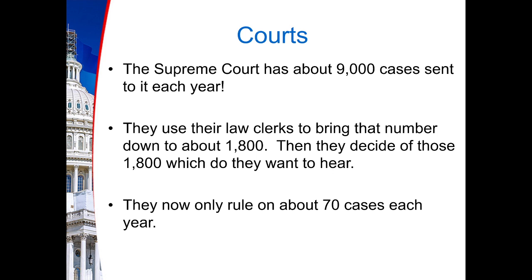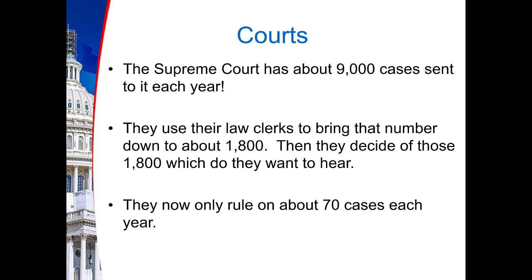And why do they rule on only 70 cases per year? Why not all 1,800 or 9,000 that get appealed to it? Well, first, they just don't have enough time to thoroughly review these cases. Each one of these cases has hundreds and hundreds of pages, very complex legal arguments. And so they don't have enough time to look at all of these cases. The other thing is that most of these cases have already been well decided on at the lower courts.